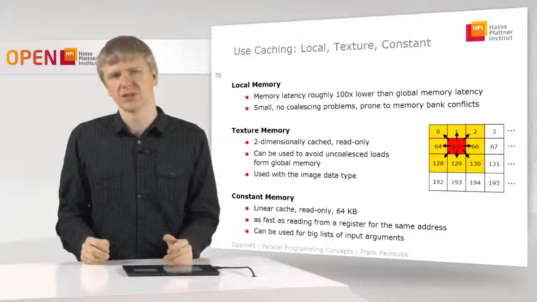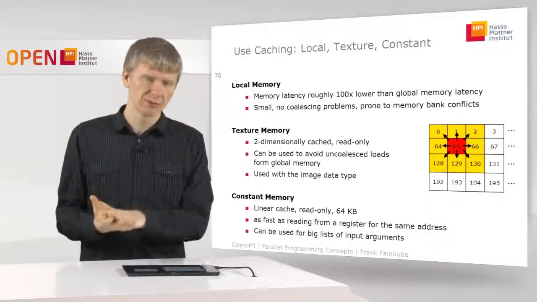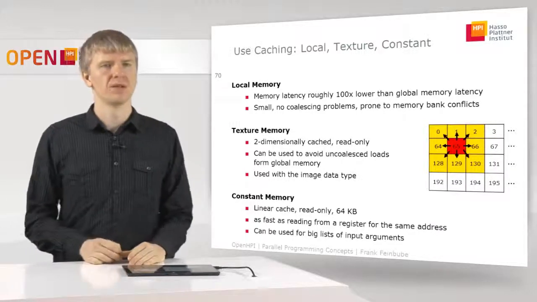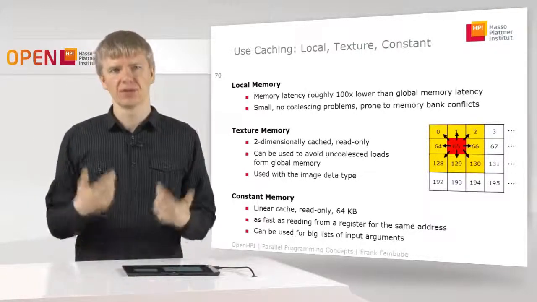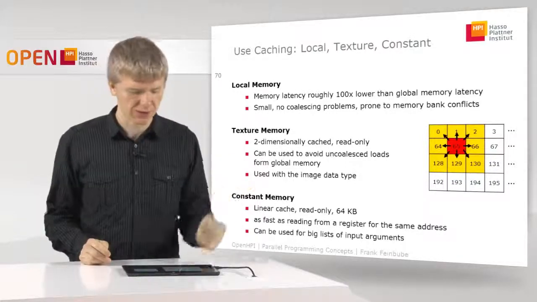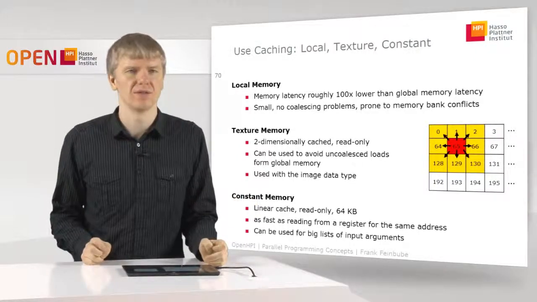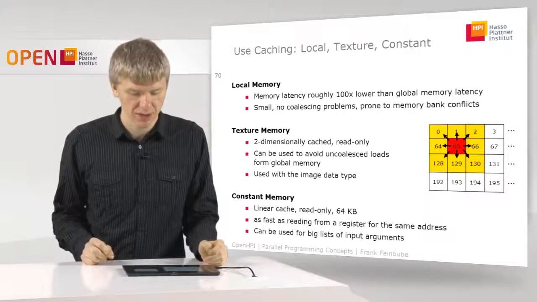And the constant memory is roughly as fast as registers because it's also on the same chip. So you can free up registers for other tasks. Registers can be written to and constant memory cannot, but if you don't need to write to it, then it would be a waste, right?